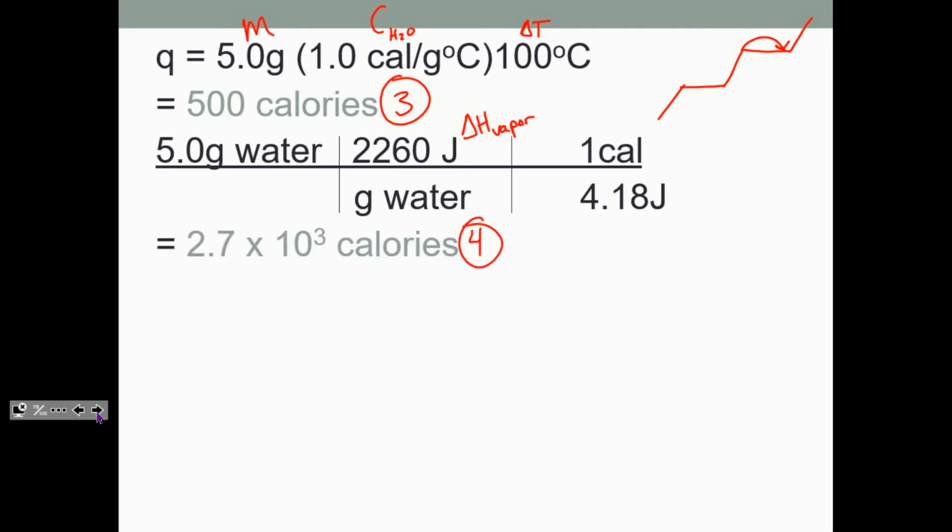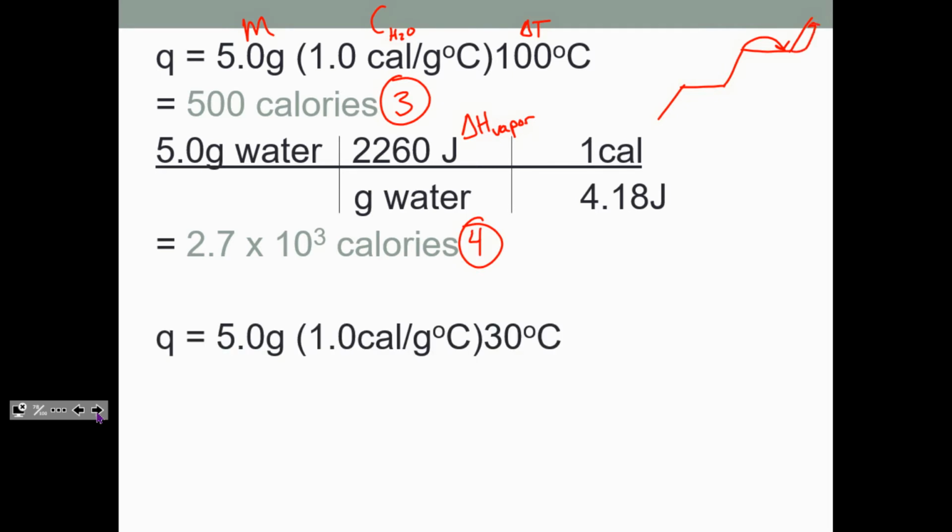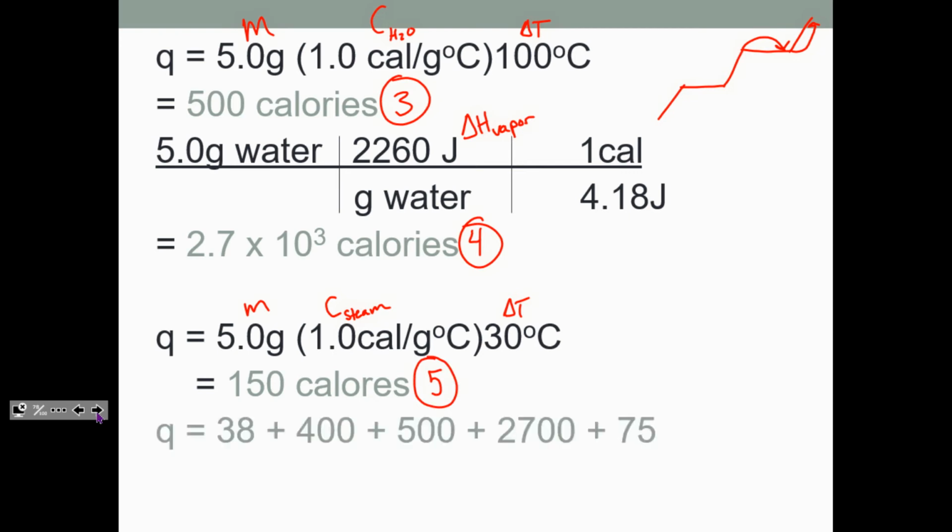That is step 4. And my last step is a phase going through mcΔT. m, c for steam is 1, and the delta T is 30 degrees Celsius. Final answer, 150. So I have 5 different answers.